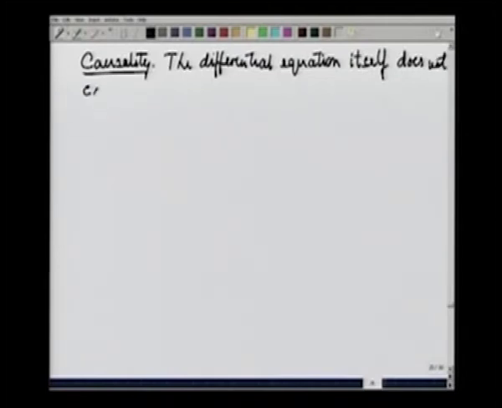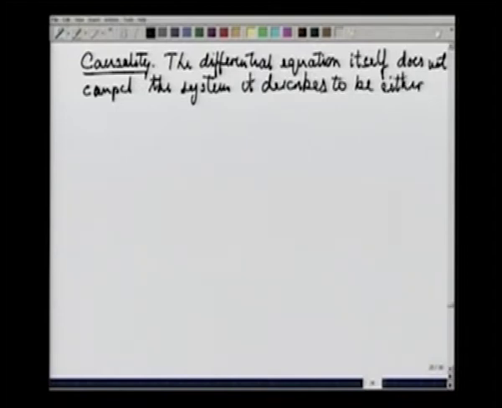The differential equation does not compel the system it describes to be either causal or anti-causal.